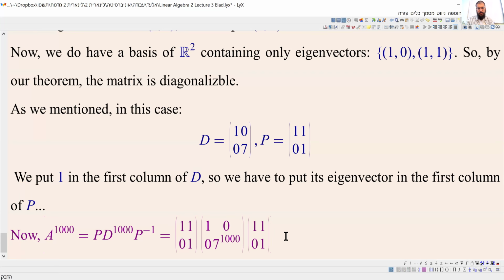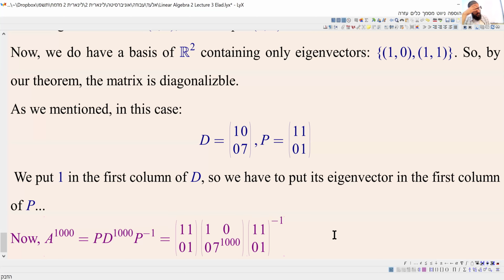Now we can see that when using diagonalization to calculate really big, really high powers of a matrix, one first of all needs to go through the diagonalization process, meaning finding the eigenvalues and eigenvectors and writing down P and D, and then calculate P minus 1, and then multiply P with D, and whatever you get with P minus 1.